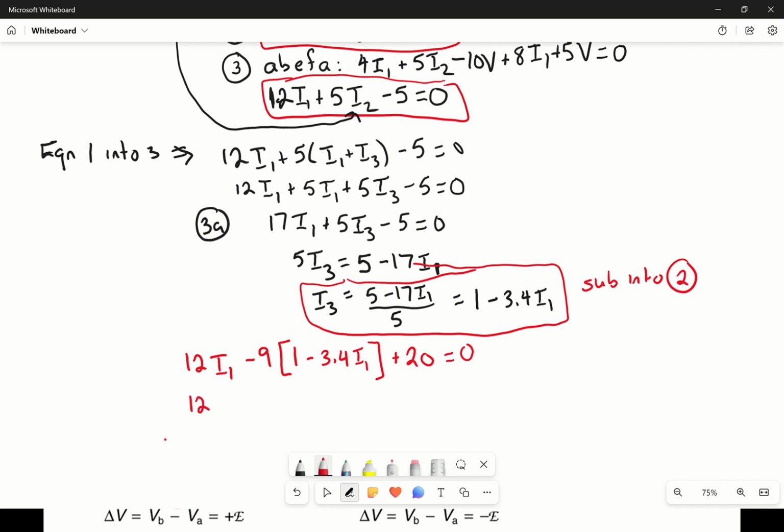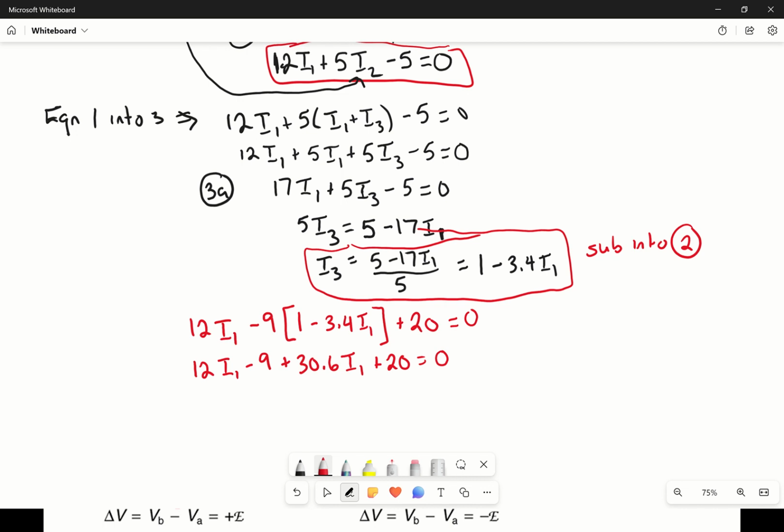So let's expand out the brackets there. So 12I1 minus 9 times 1 is minus 9. Minus 9 times minus 3.4, that's going to be plus. And I get 30.6 I1 plus 20 equals 0. So now let's combine the terms in I1. So I've got 12I1 plus 30.6 I1.